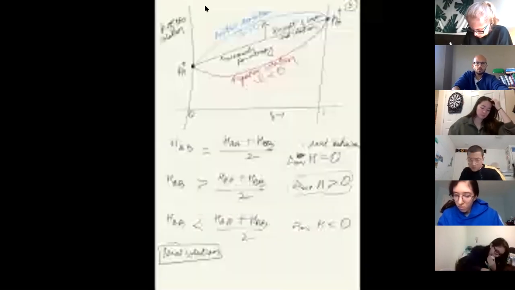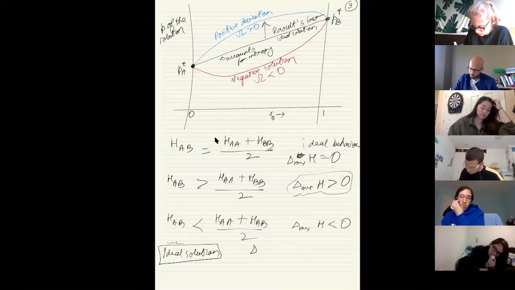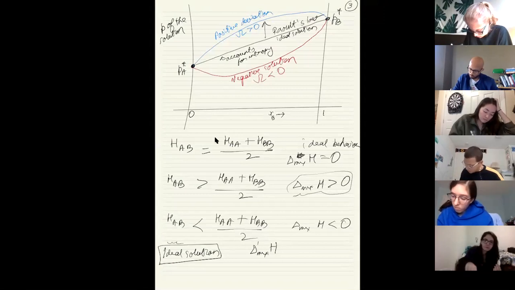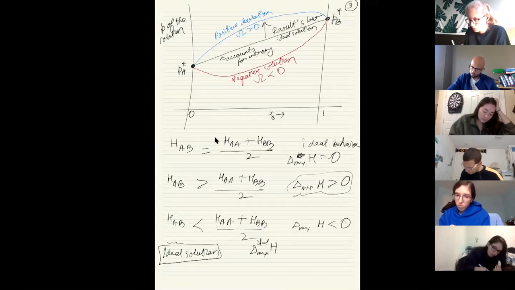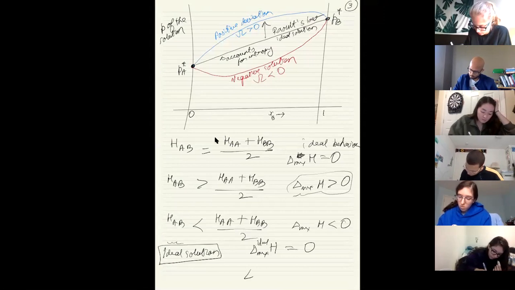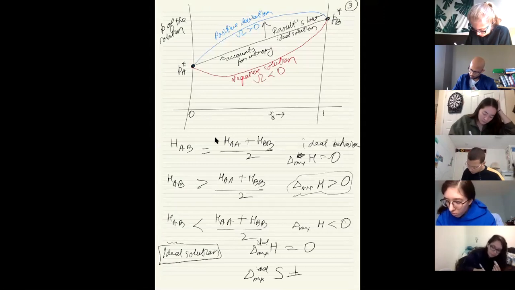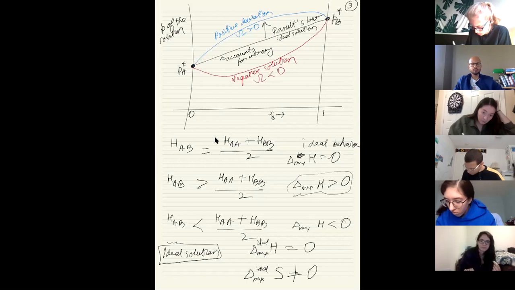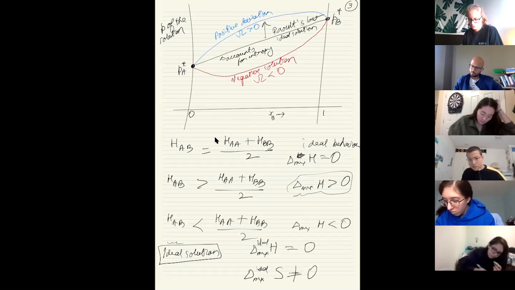For an ideal solution, delta mix H, which we will call ideal, superscript, is equal to 0, and delta mix ideal S is not equal to 0. And more than just not equal to 0, we actually derived what it is. We saw it is the x ln x plus (1 minus x) ln(1 minus x) term. So these are ideal behaviors.